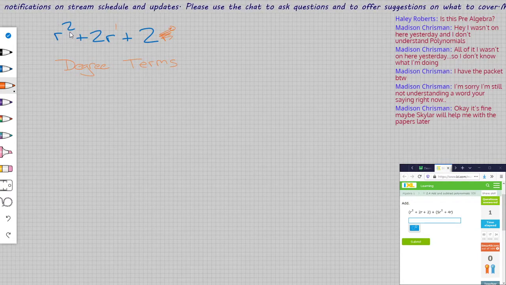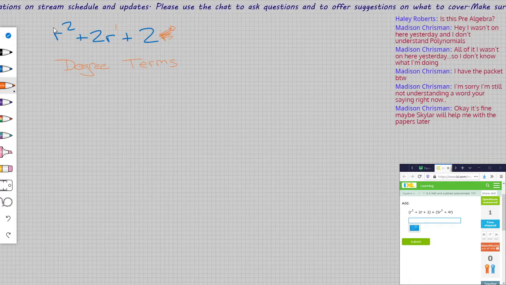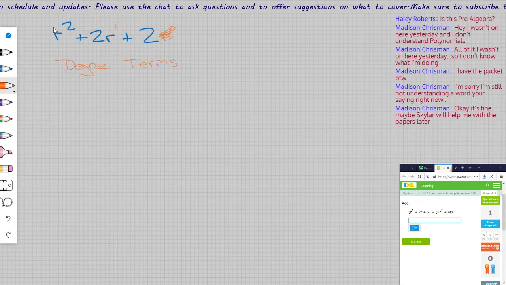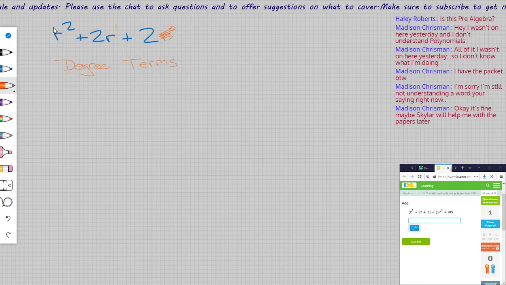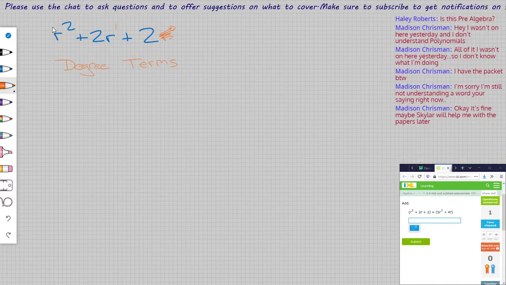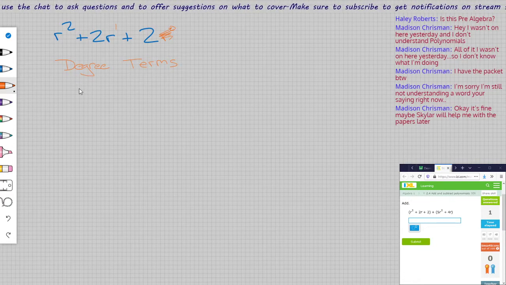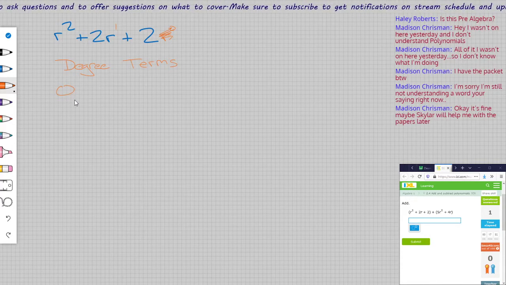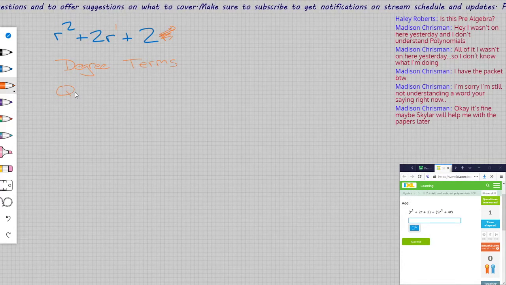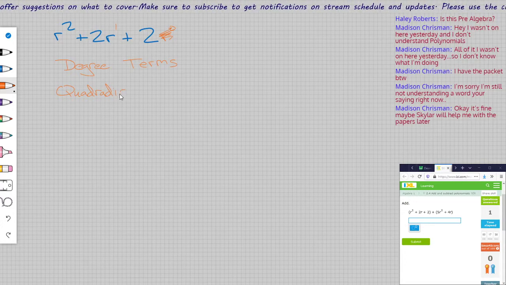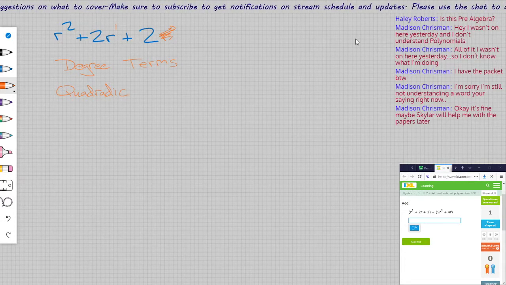So going off the names on those notes, if you go back to that second page where it had the little table, it goes 0, 1, 2, 3, 4. 0 is a constant, 1 is linear, and 2 is quadratic. I'm probably spelling this wrong as well.